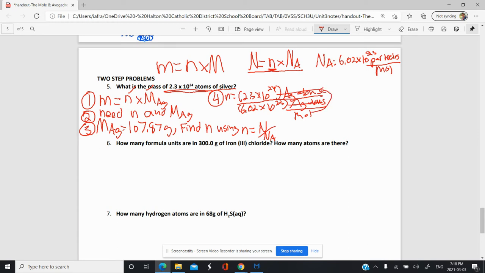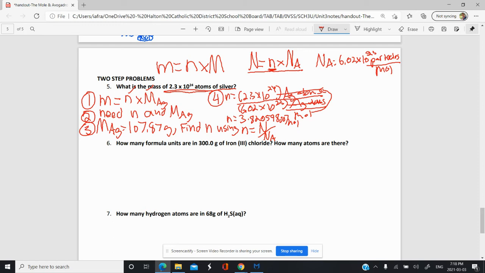And I get 2.3 times 10 to the power of 24 divided by 6.02 times 10 to the power of 23. I'm not going to round yet. I only round at the end. I get that n is equal to 3.820598007, and that's moles.